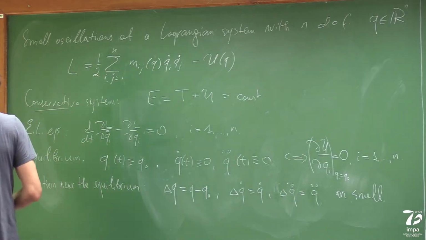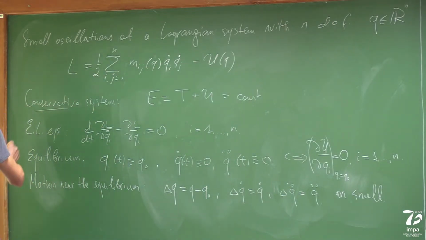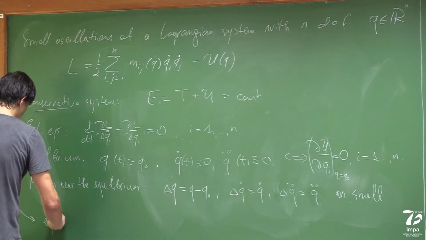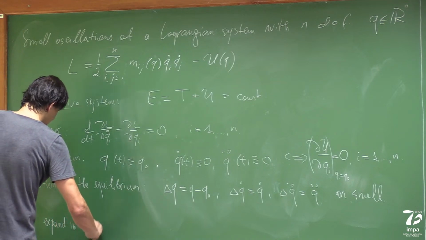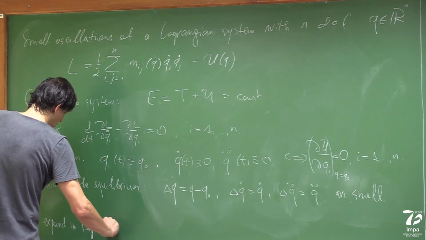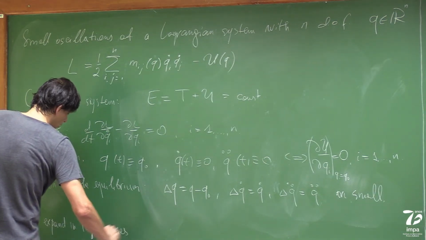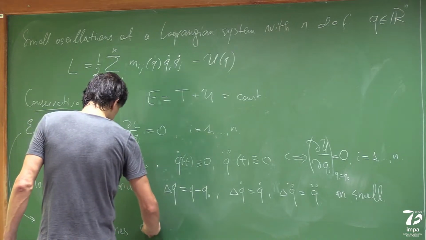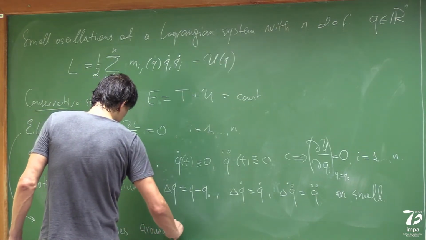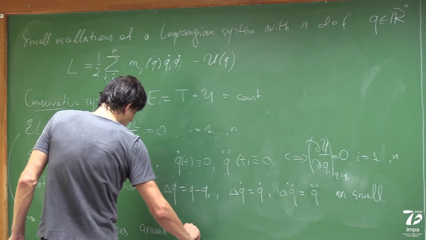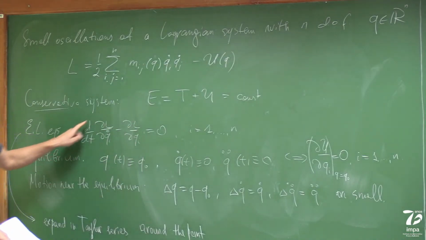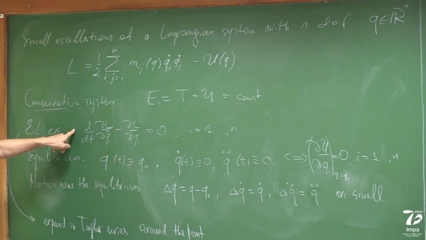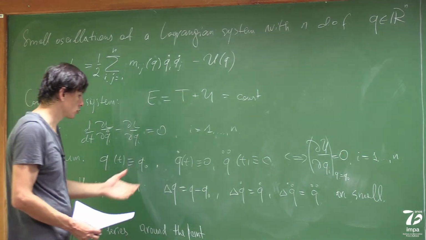And if they are all small, then you can expand the Euler-Lagrange equation in a Taylor series. You see, the left-hand side is a function of coordinates.